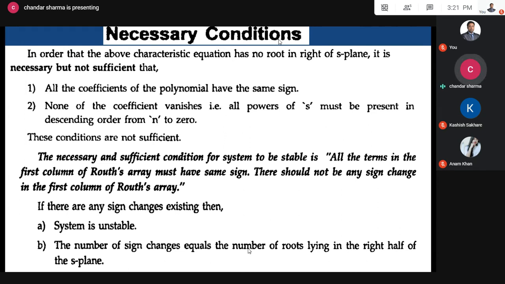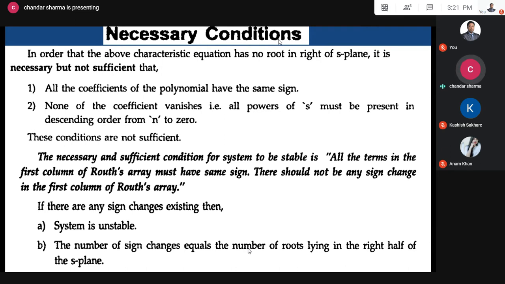The necessary and sufficient condition for the closed loop system to be stable is that there should not be any sign change in the first column of Routh's array. You all know how to construct the first column of Routh's array. If there are sign changes in the first column of Routh's array, the system is unstable.